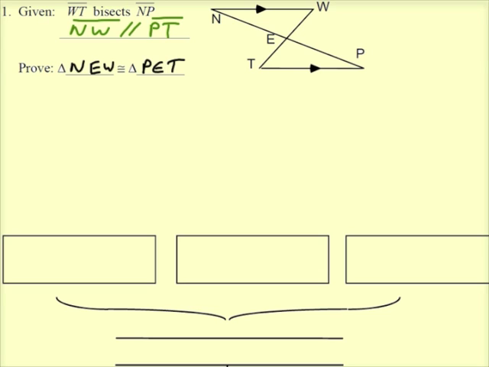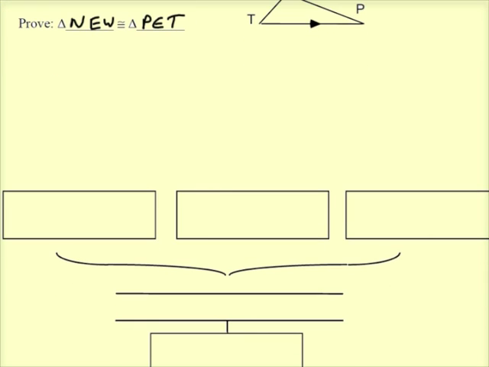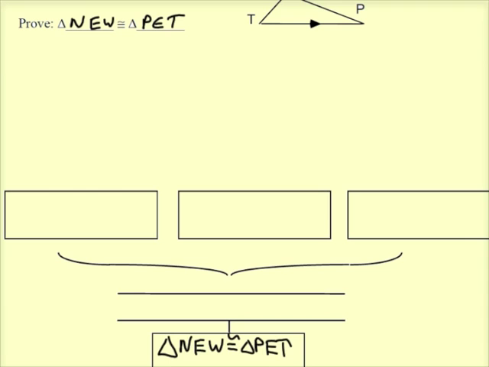Right away, we know that the given statements are there, but the statement we're trying to prove goes in that last box down here. In the previous slide, we ascertained that we're going to use the ASA theorem to prove that.